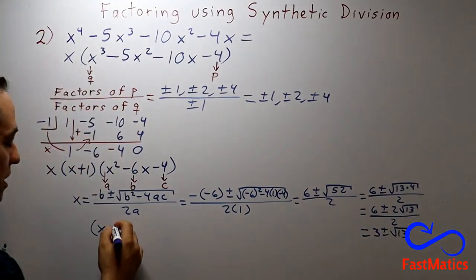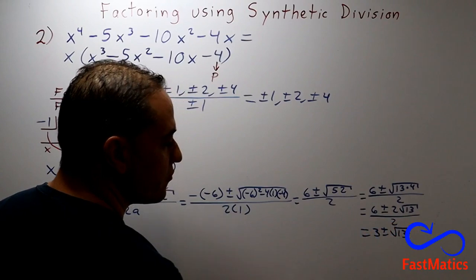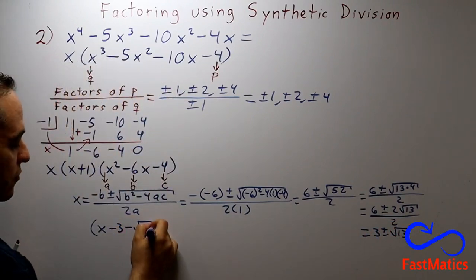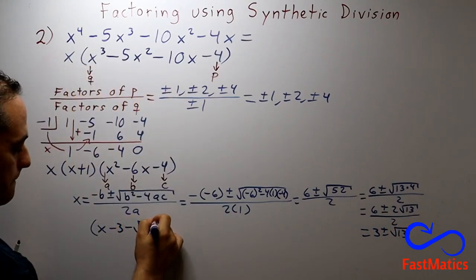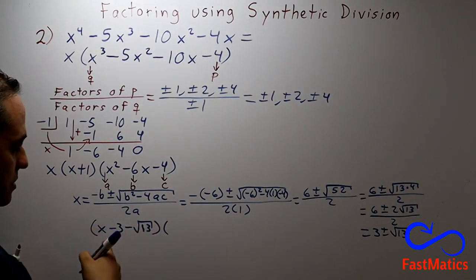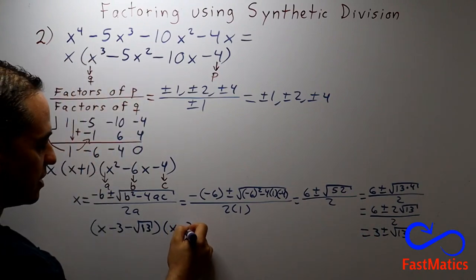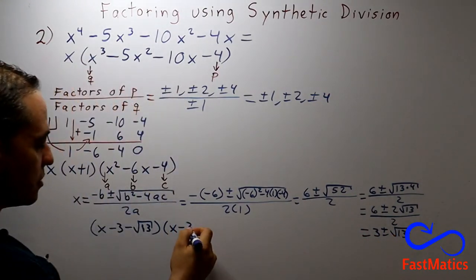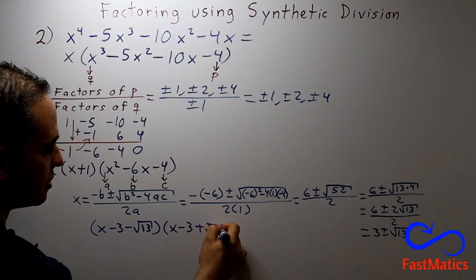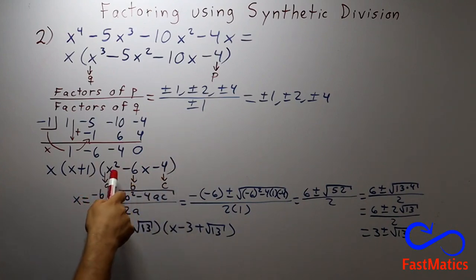So positive 3 is negative 3. Positive square root of 13 is negative square root of 13. And after that, the same. X, positive 3 is negative 3, and negative square root of 13 is positive square root of 13. Final answer. X plus 1, and the factorization of this trinomial is here.